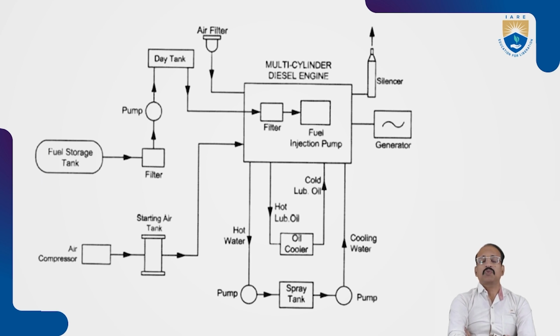This pump stores the fuel, that is diesel, in the day tank, and it is further filtered again and sent to the fuel injection pump. From there we have the diesel engine, which produces the mechanical energy, and it is coupled to the generator, and with the generator, as you can observe in the diagram, we produce the AC power.